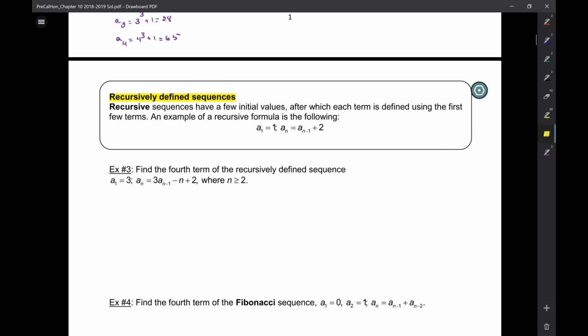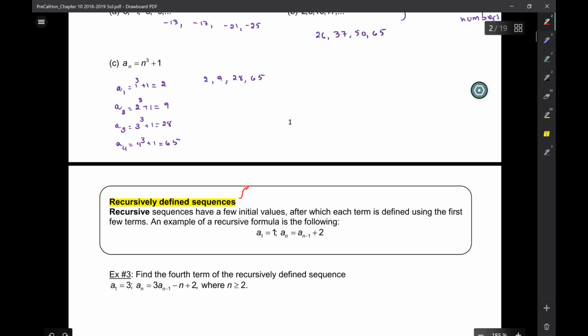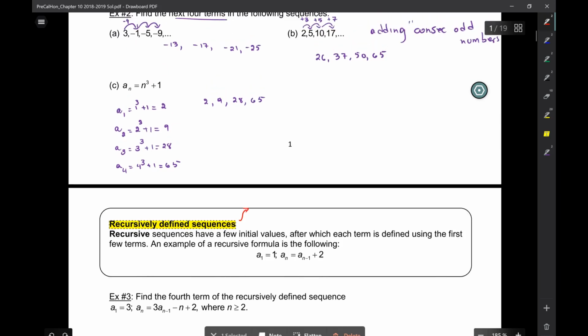That's what recursive functions are. Each term depends on what happened before it. Not really, because if I just wanted to find a sub 3, I didn't have to find any of the other ones.